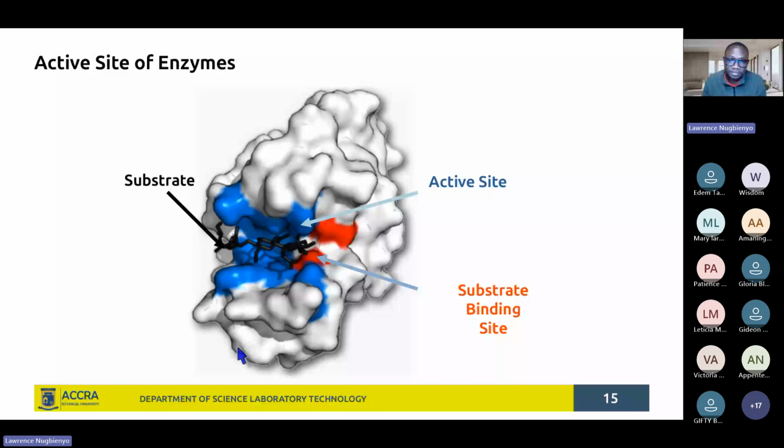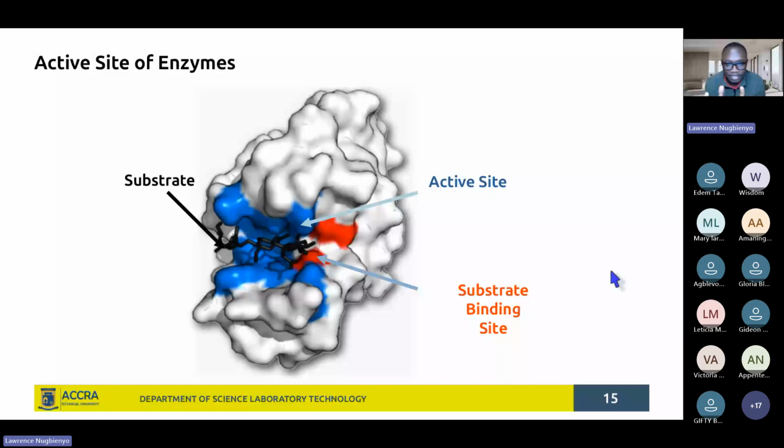So if you take this big structure as a protein that is an enzyme, the blue portion is the active site. So that is where the reaction should be occurring. It's like a pocket inside the protein, because the protein is folded.